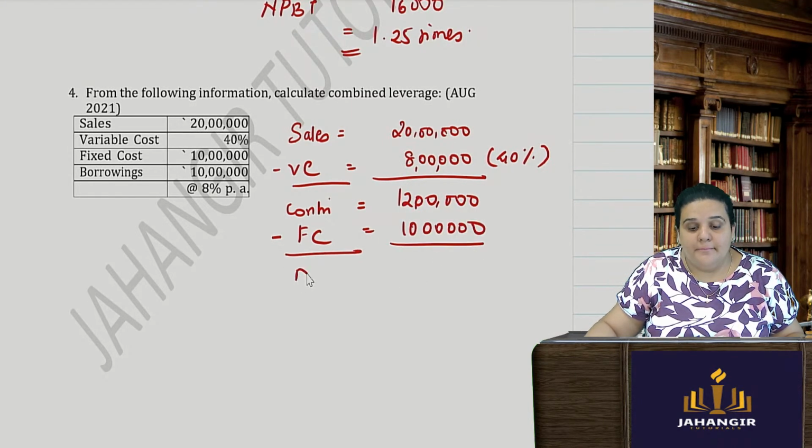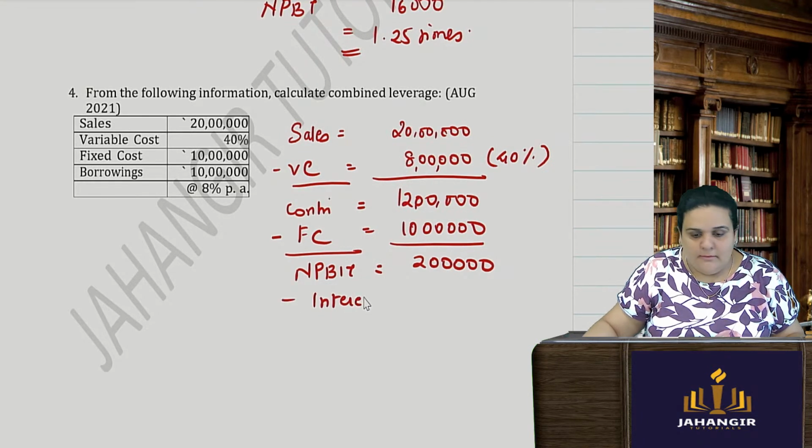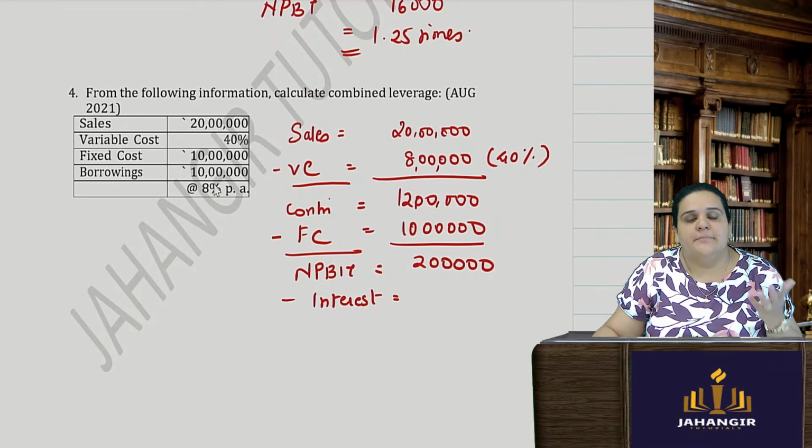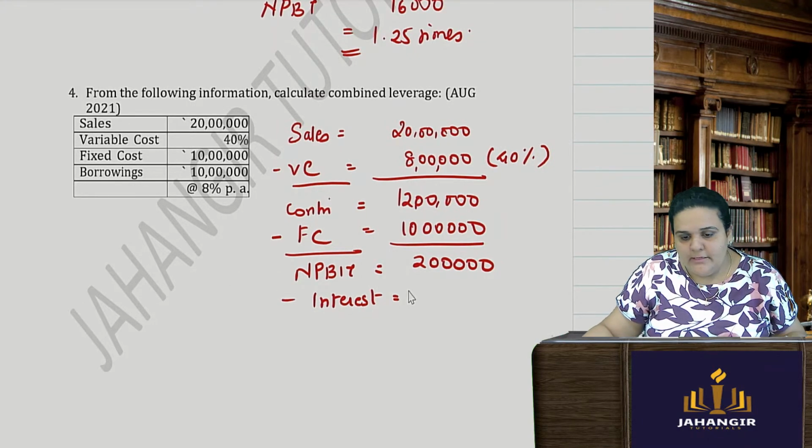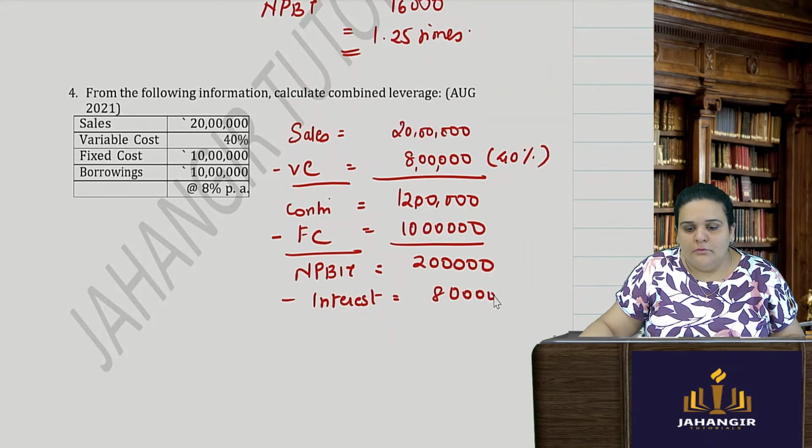So my NPBIT is 2 lakhs, minus my interest, which is 8% on 10 lakhs. My borrowing is 10 lakhs, 8% per annum. So 80,000. So this is going to be 1,20,000 NPBT.